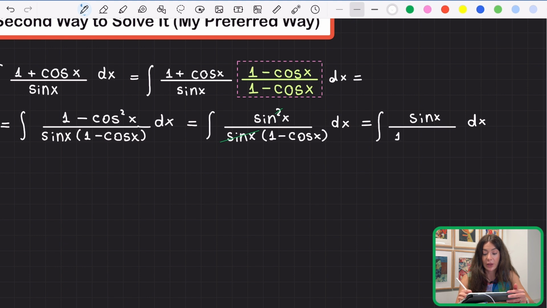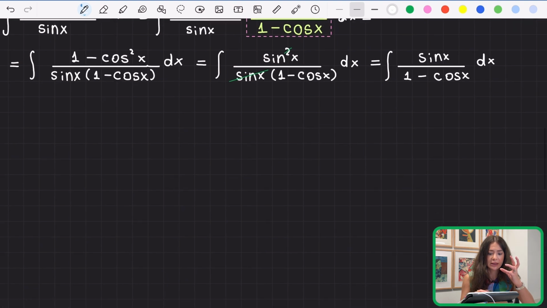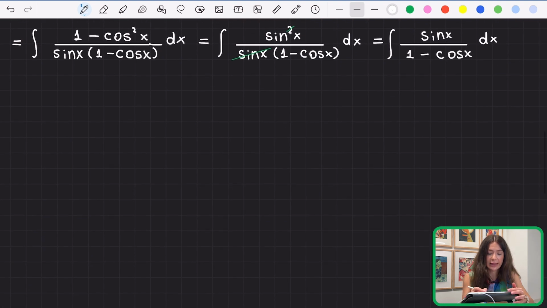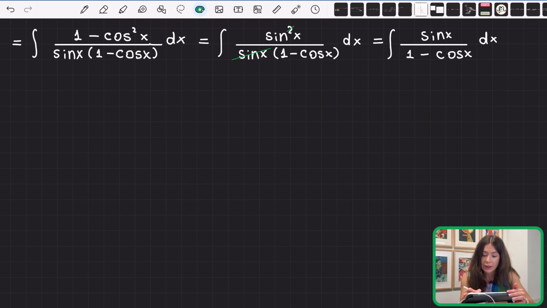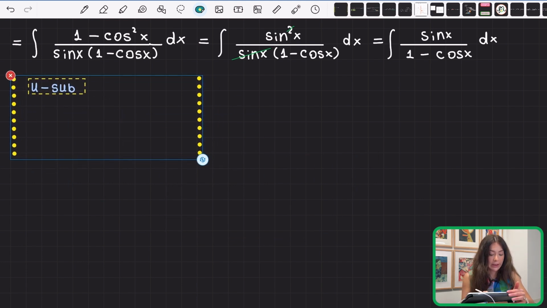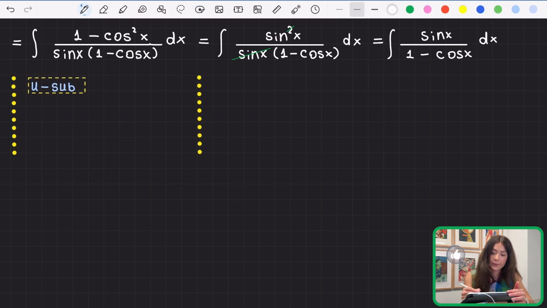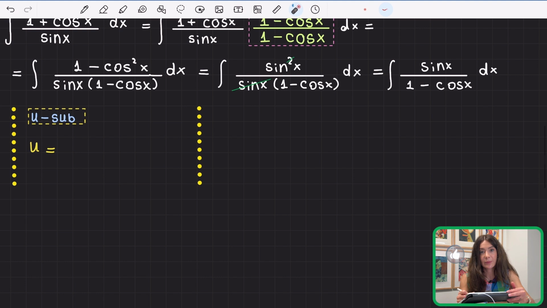Now I'm going to do a u sub, and before you do u substitution, you want to have an integral that's really organized. You don't want things that are canceled sitting there when you're doing a u sub. Okay, so I'm going to get my u sub pocket. Now, the important question is, what do you assign u to be?